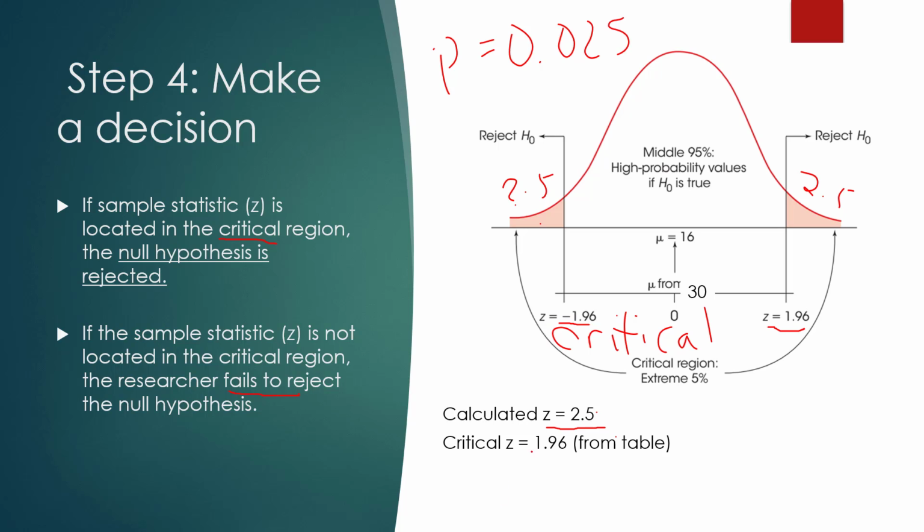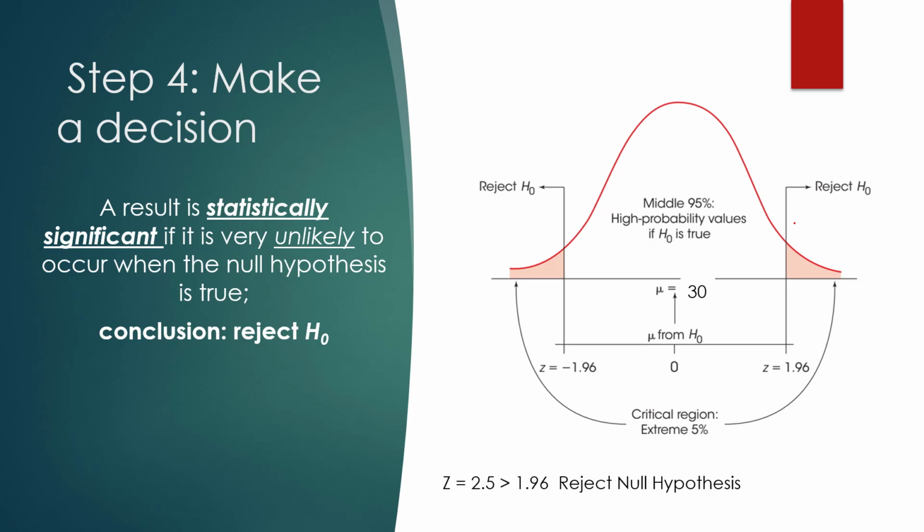So we had our critical z from the table. Our calculated z is 2.5. Our critical z is 1.96, so we reject the null hypothesis. Our score falls out here somewhere.